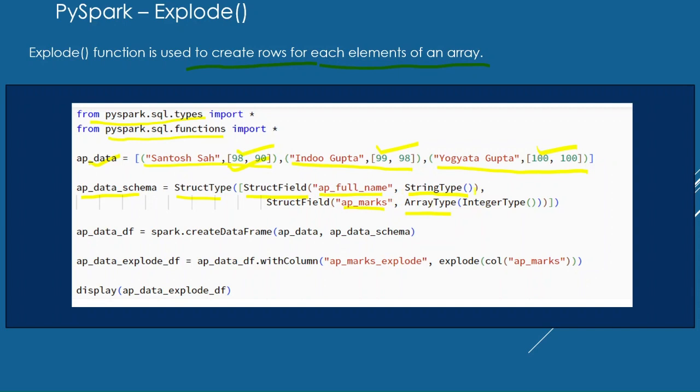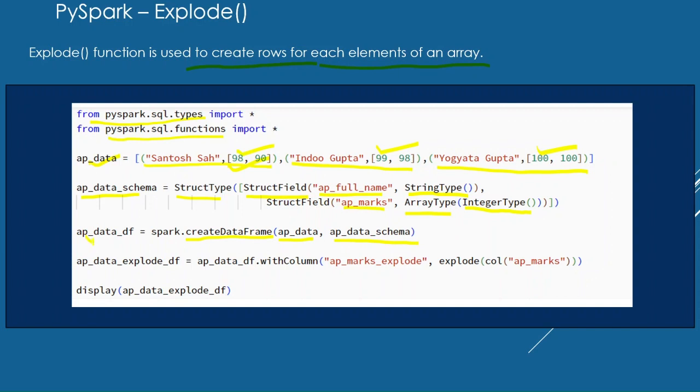We are also providing which kind of value this array will store. It will store only integer type values. We are creating a data frame with the help of the createDataFrame function by passing this list object and this custom schema.